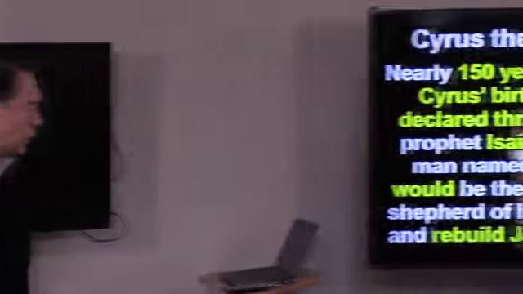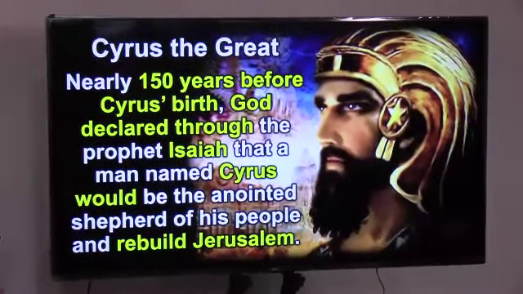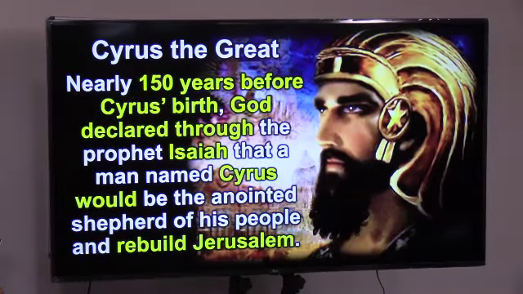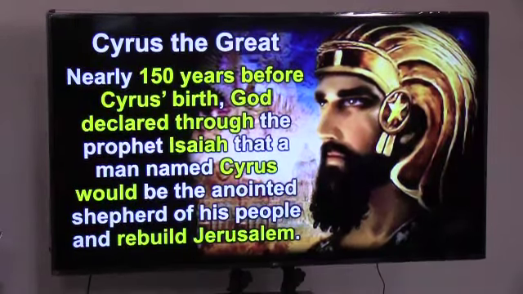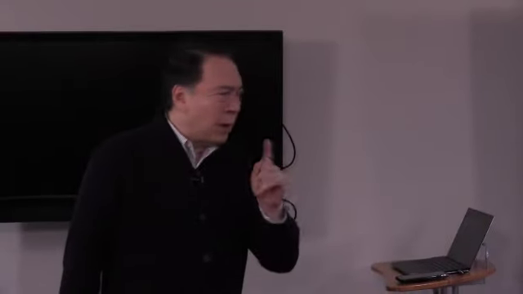And how will this happen? Nearly 150 years before Cyrus' birth, God declared through the prophet Isaiah that the man named Cyrus would be the anointed shepherd of his people and rebuild Jerusalem. Of all the personages in the Old Testament and the New Testament, there's only one other name outside of Jesus Christ who was called the Messiah, and that was the name of Cyrus, who says to the deep, be dry, I will dry up your rivers.